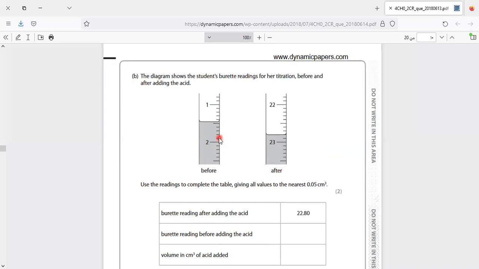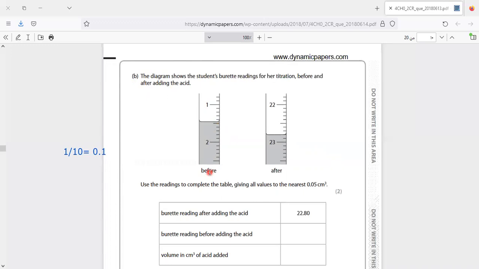Is it 1? Is it 0.1? Between 1 and 2, the difference is 1 divided by how many small lines between them? 10. So a small line is 0.1. So count the first one. What is the reading before?